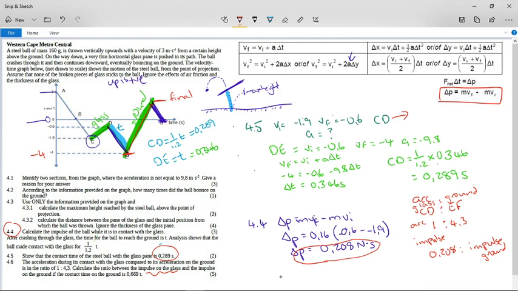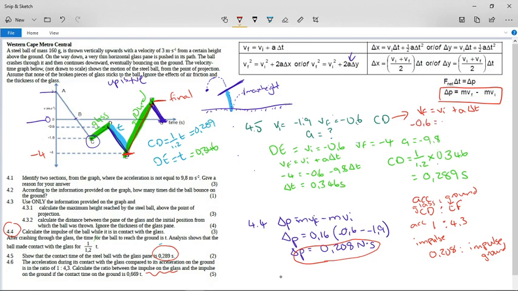We can find, with the glass, sorry, we can find this acceleration here using the same formula, Vf equals Vi plus A delta t. My final velocity is -1,9. No, I'm lying to you. My final velocity, if I can read my handwriting, is -0,6.